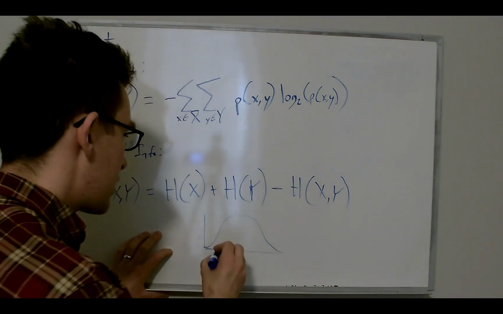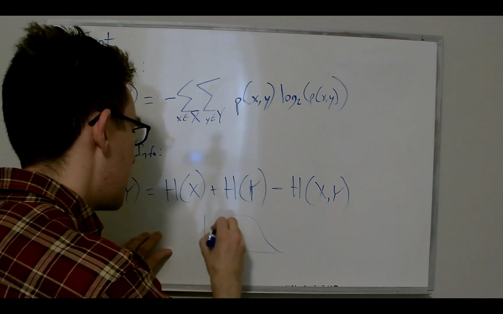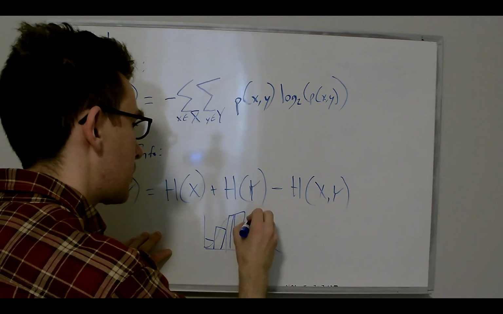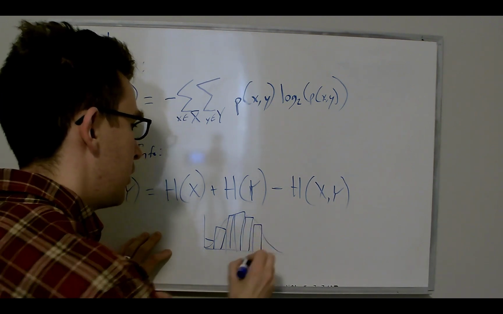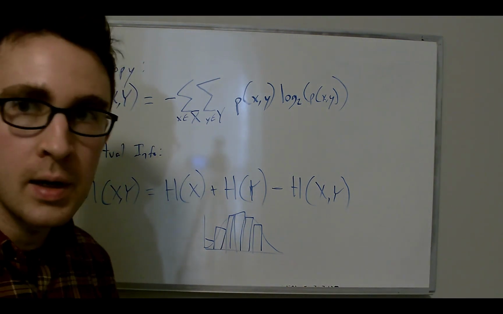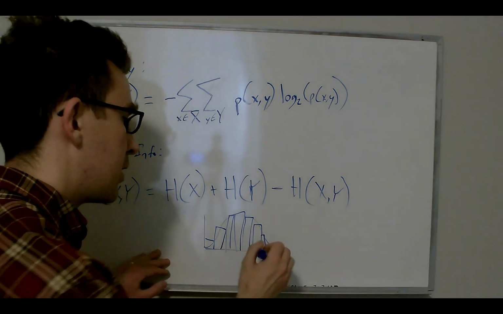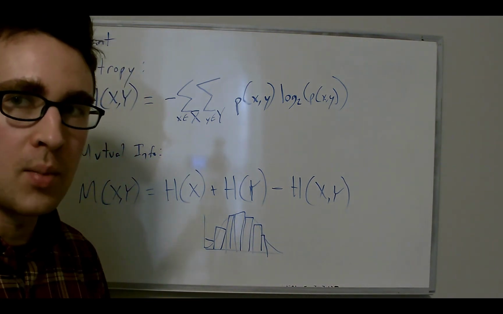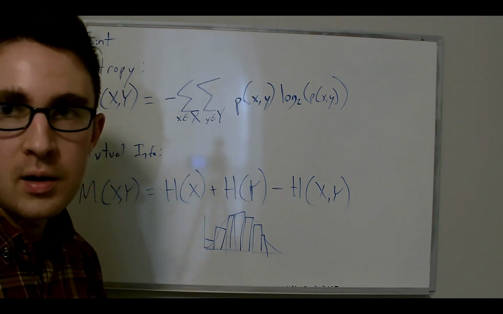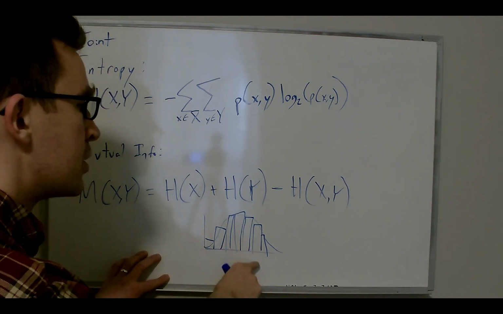You can empirically estimate a distribution by binning the data as if it's a histogram. So to calculate all this in the actual code, if you have continuous data, you need to do some kind of binning process to discretize the data. You need to come up with some kind of estimated empirical discrete distribution based on a binning strategy like this.